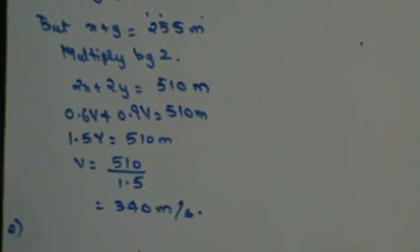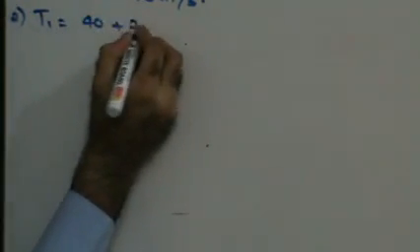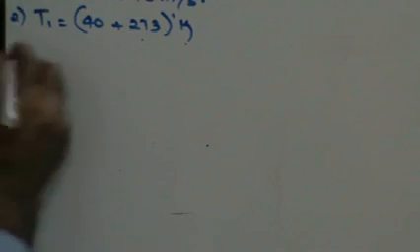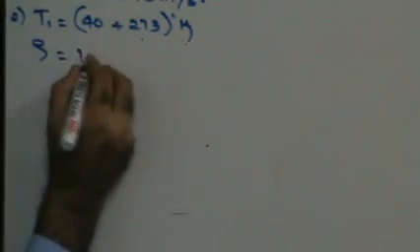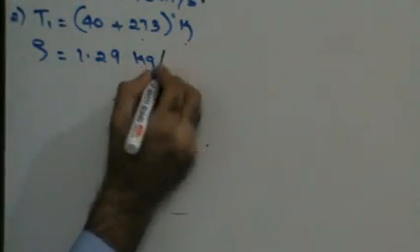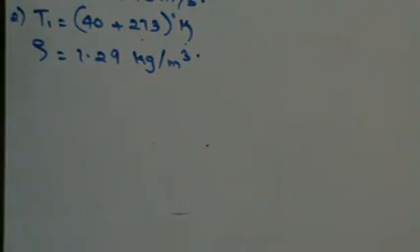Next. Take down the next one please. Calculate the velocity of sound in air at 40 degrees Celsius, given that at NTP the density of air is 1.29 kgs per meter cube.